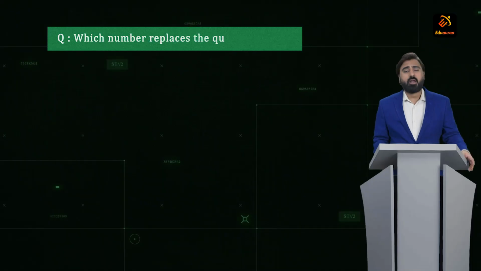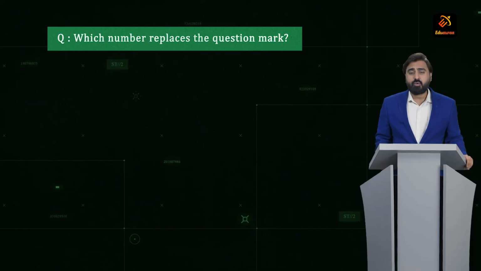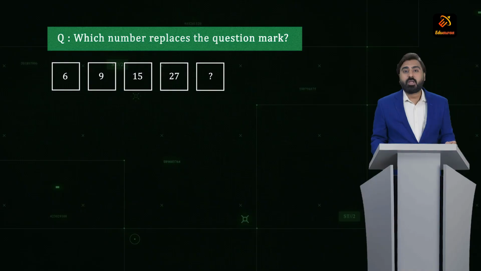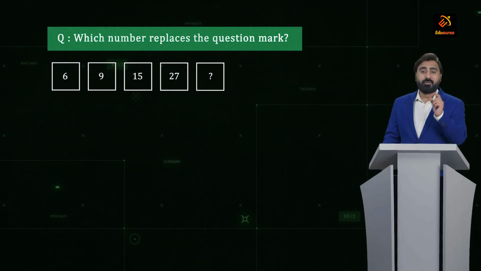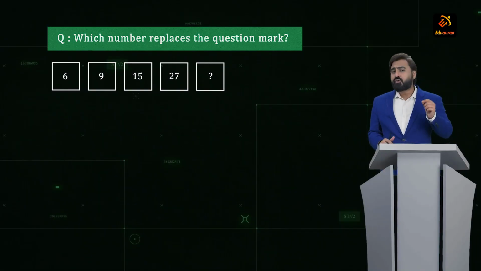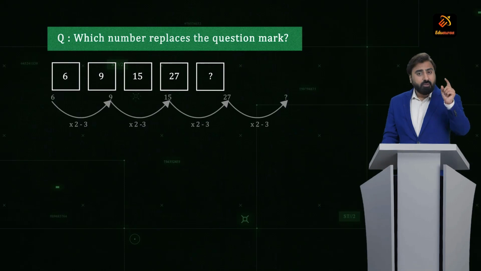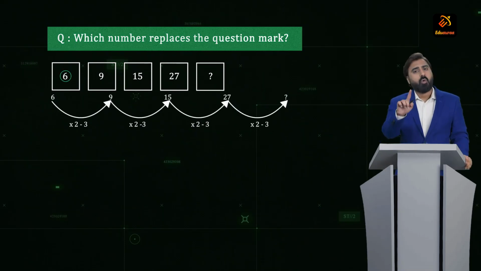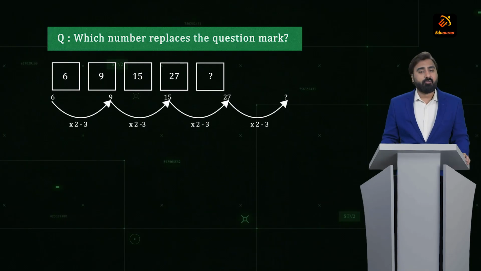The next question is, which number replaces the question mark? And the diagram given to us is 6, 9, 15, 27 and the missing number. Now students, how to solve this? What is the logic behind? If you see properly, the first number is 6. What is double of 6? 12.